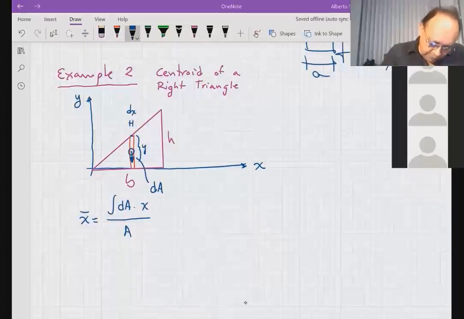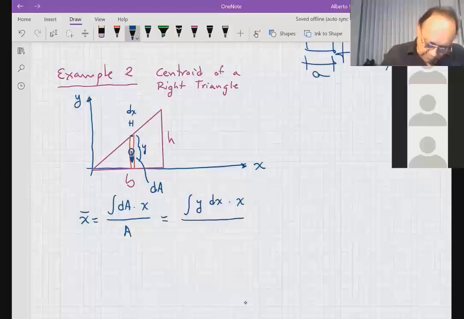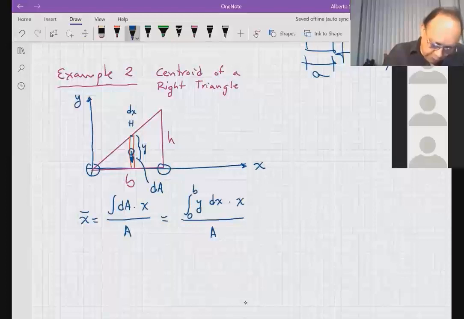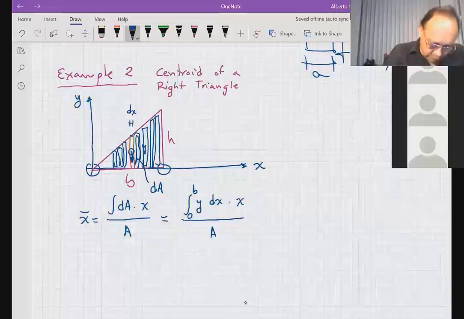So dA is equal to y times dx times x divided by A, right? So if we do this integral from 0 to b, we are sweeping all the strips that you can find from 0 to b in order to contemplate the whole area of the whole triangle, right?